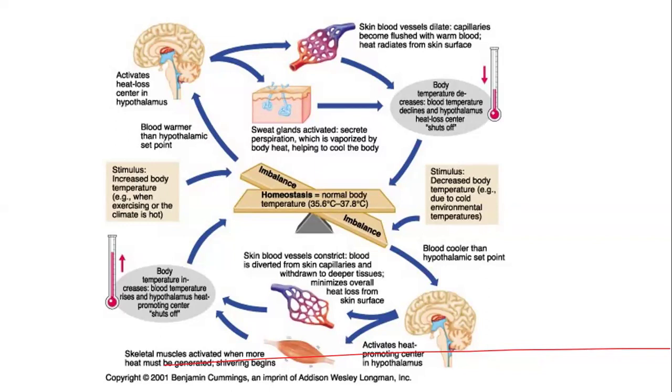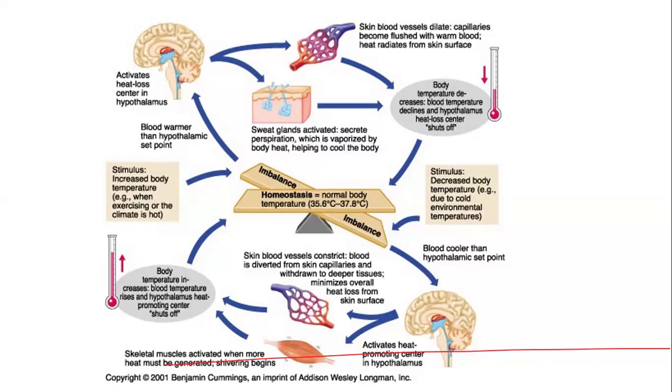It has special areas which detect any change in the blood temperature. When that is detected, the hypothalamus sends nerve impulses to the sweat glands. It also sends them to the blood capillary network close to the skin, what we call the peripheral blood circulation. Then the capillaries become dilated.